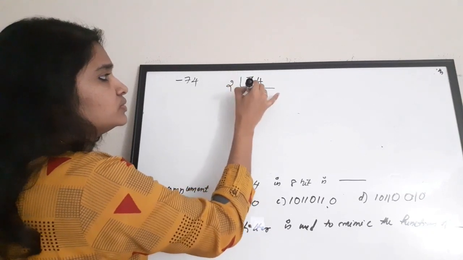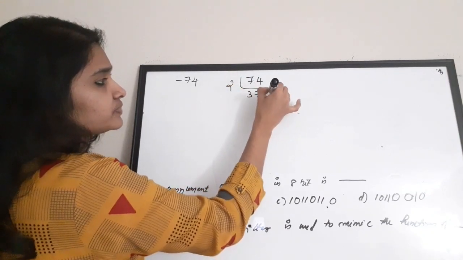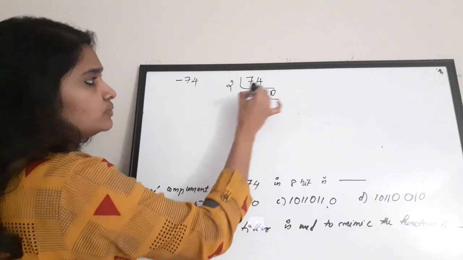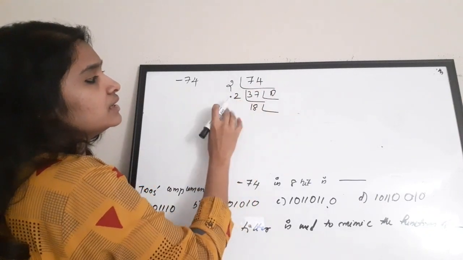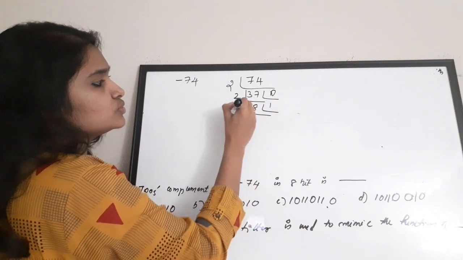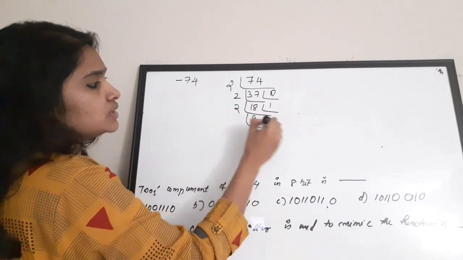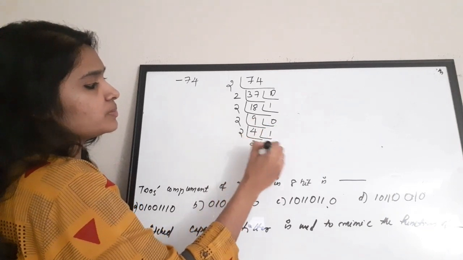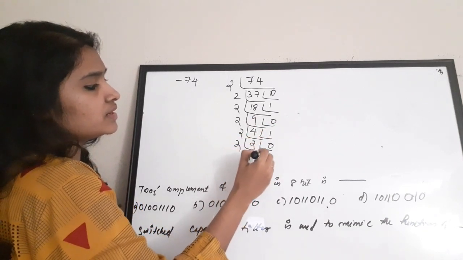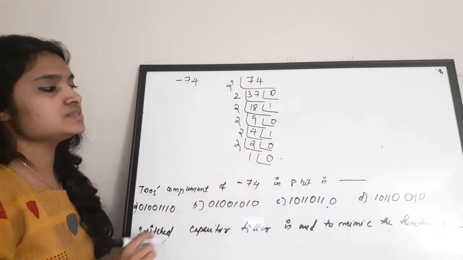So 2, it is 37. Remainder 0. 2, 18. Remainder is 1. 2, 9. Remainder is 0. 2, 4. Remainder is 1. 2, 2. Remainder is 0. 2, 1. Remainder is 0. This is the representation.